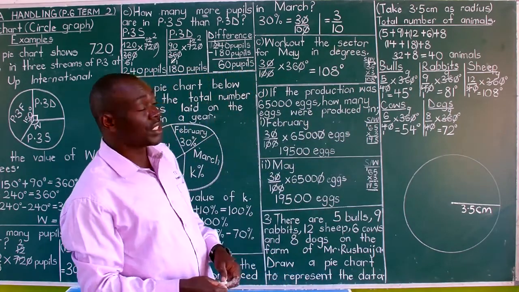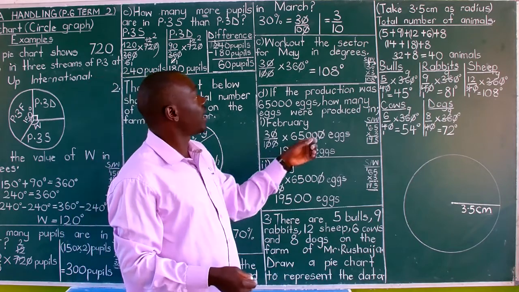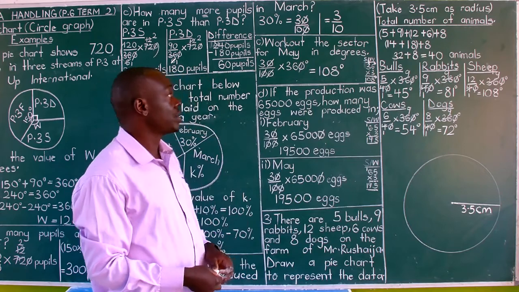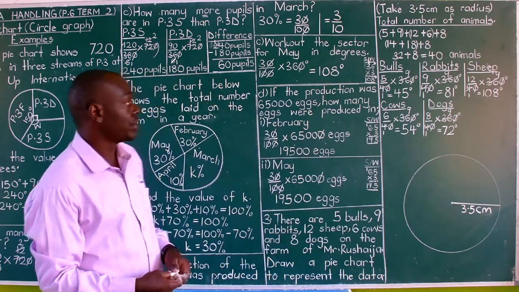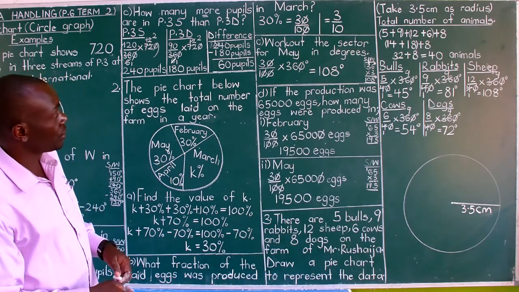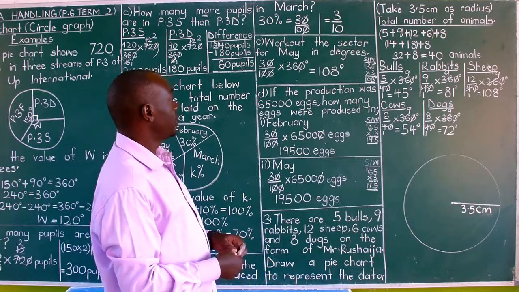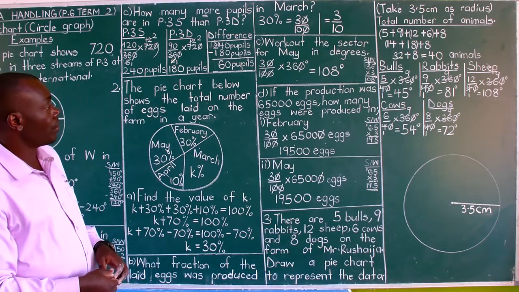So 36 degrees times 3, you get 108 degrees. So the angle sector for May, in terms of degrees, is 108. So the answer is 108 degrees. And that's the way we convert any fraction to degrees. Get that fraction times 360 degrees, you will get the angle.